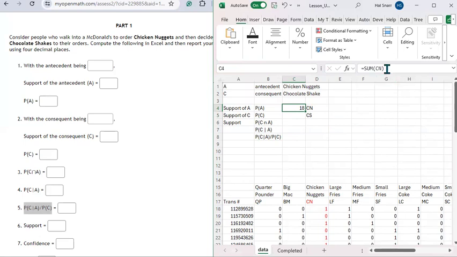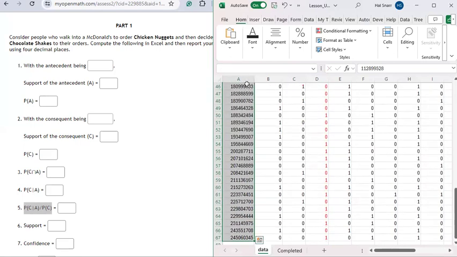So if we take the sum of this object named chicken nuggets, or CN, and we divide it by the count of, let's say, transaction number, we're going to get an error message here because I haven't named this set of cells yet. So I'm going to highlight just the numbers, and then I'm going to come up here and name this TN for transaction numbers.